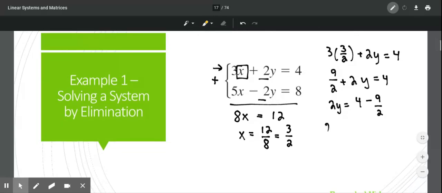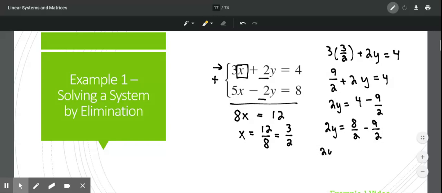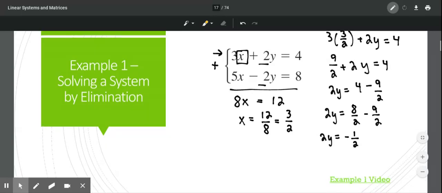If you look for that common denominator, that would be the same thing as saying 8/2 minus 9/2. So you would get 2y equals negative 1/2. And when you divide by 2, you would get y equals negative 1/4. So your solution would be the point when x is 3/2 and y is negative 1/4. That would be where these two lines intersect.